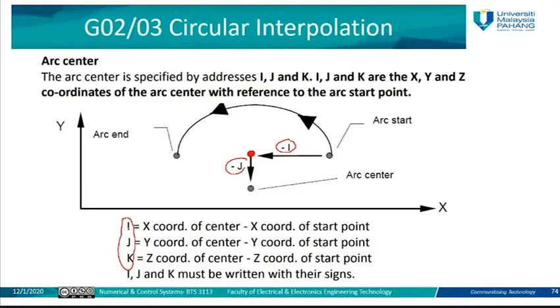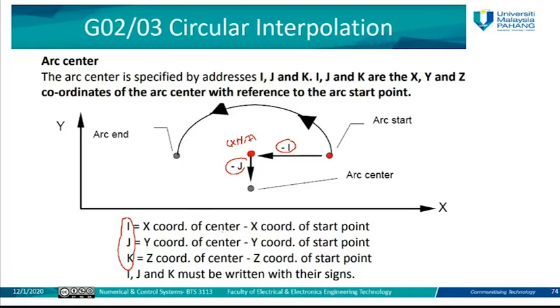So the value of I is equal to the X coordinate of the center. This center will exist at this point, X, Y, Z, for example, if it's 3, or X, Y if it's 2. So here, this is the coordinate. You want to find I, which is equal to X of the center minus X of the start point. This is the start point here.